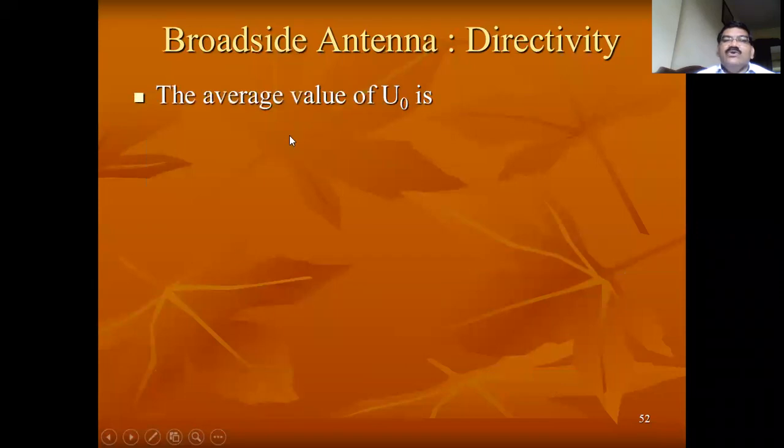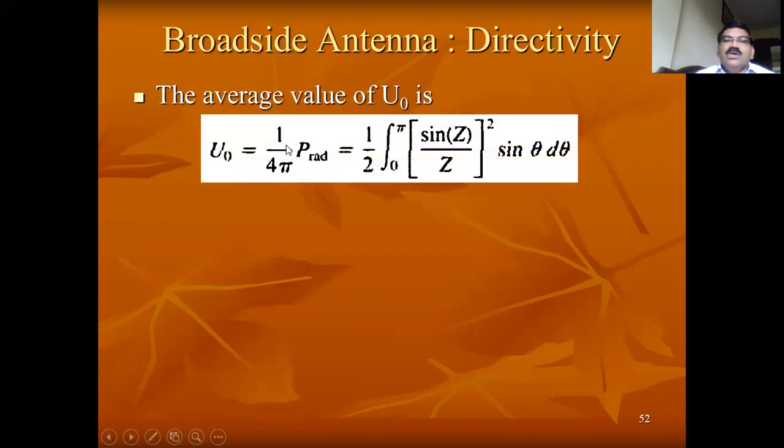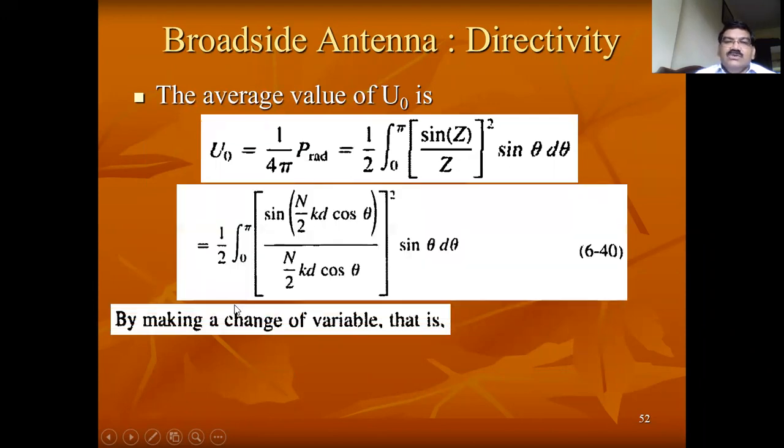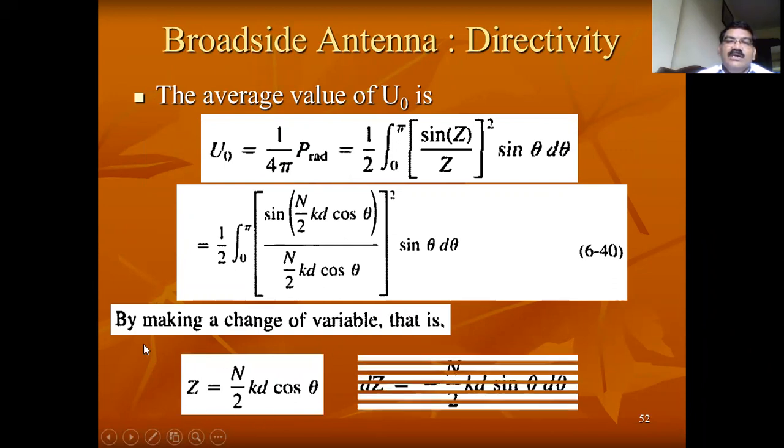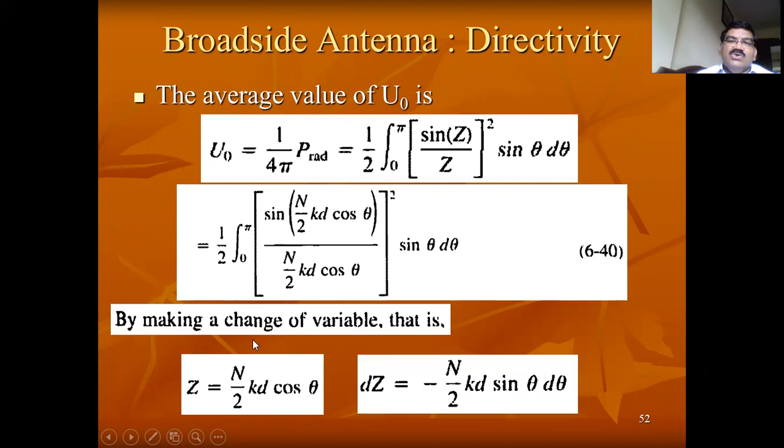So the average value U0 is 1 upon 4 pi P radiated, that is 1 by 2, integral 0 to pi of (sin z upon z) squared sin theta d theta. You can integrate this from 0 to pi by making a change of variable. This is how we can solve the integration: z equals this, and dz equals this. This is simple mathematics.